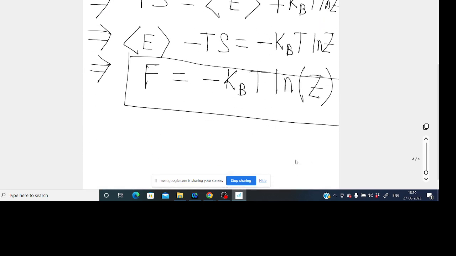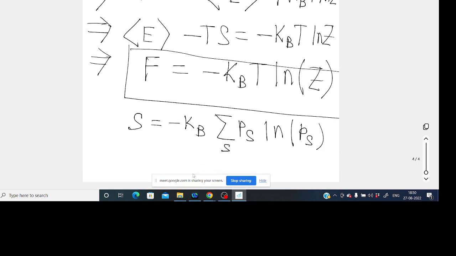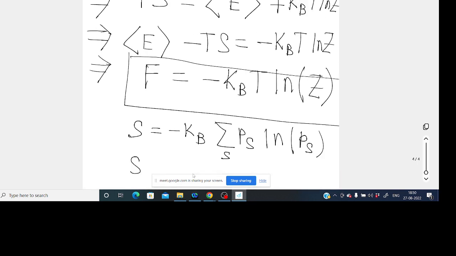Here I have used one expression that S equal to minus KB summation over s of PS log PS. Last day I also used another expression, KB log omega.